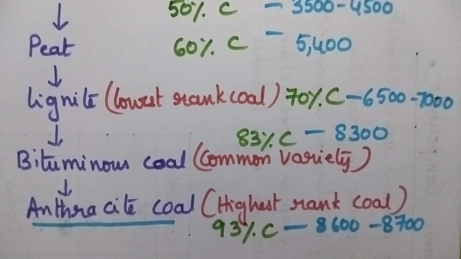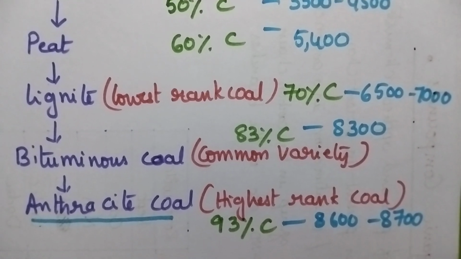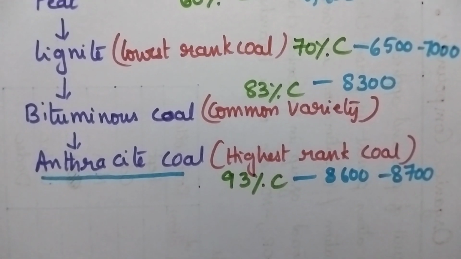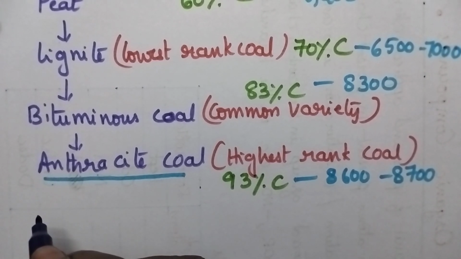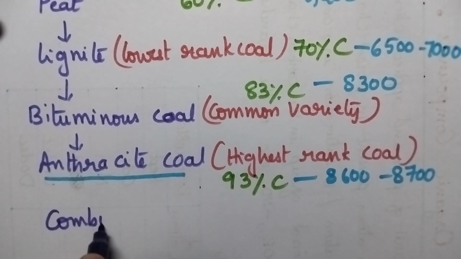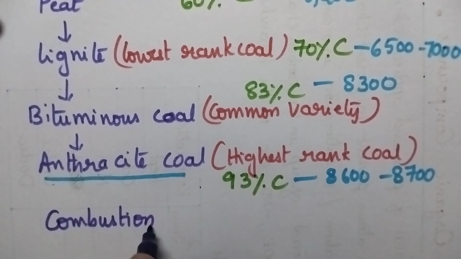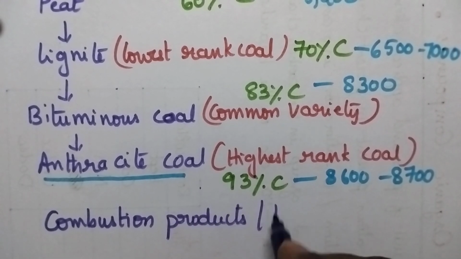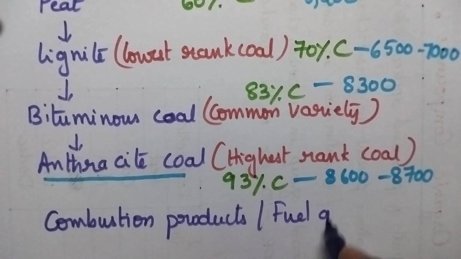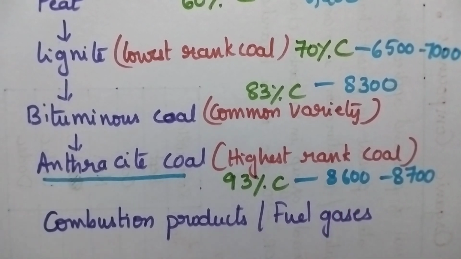So whenever the fuel sample is burnt, then it results in the formation of combustion products. So let us discuss about the combustion products. They can be called as flue gases.